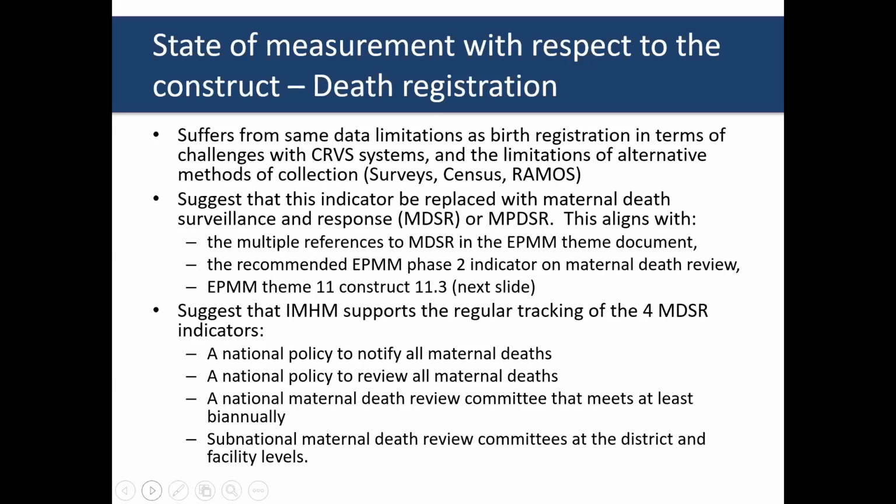So I would advise that perhaps the next step is to move from this more crude measure of birth and death registration to something more in line with these 4 MDSR indicators, which include a national policy to notify all maternal deaths, national policy to review all maternal deaths, the Maternal Death Review Committee meets at least biannually, and subnational maternal death review committees are also in existence at the district and facility levels.